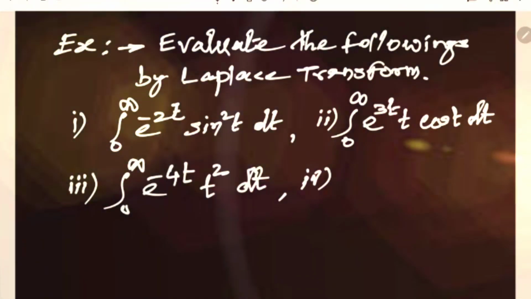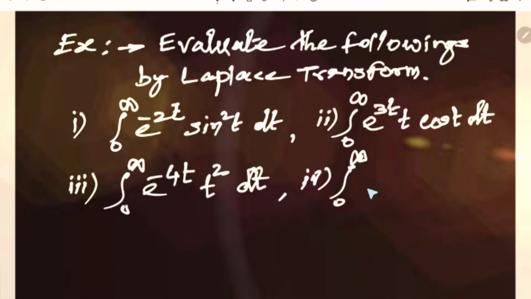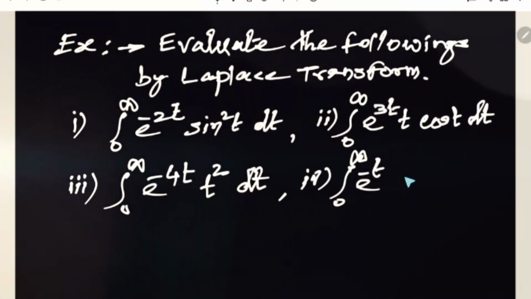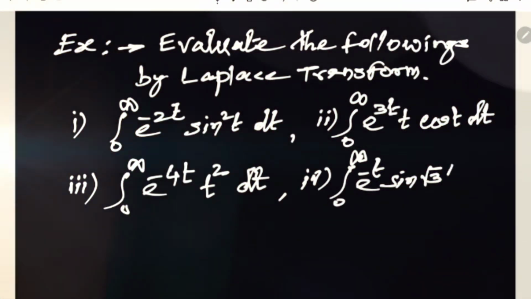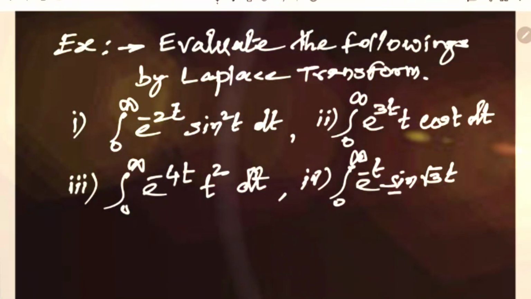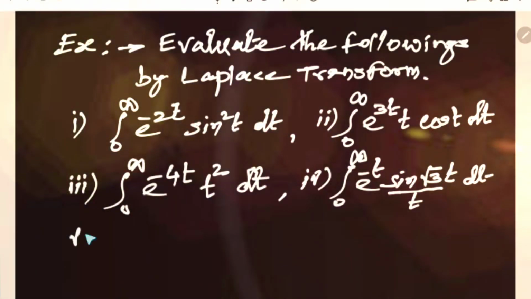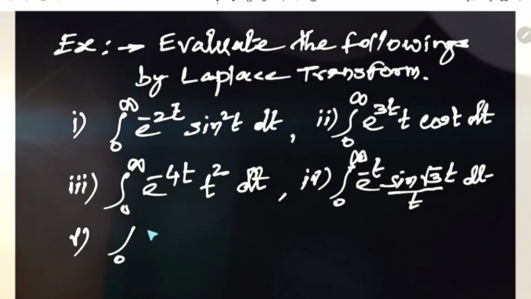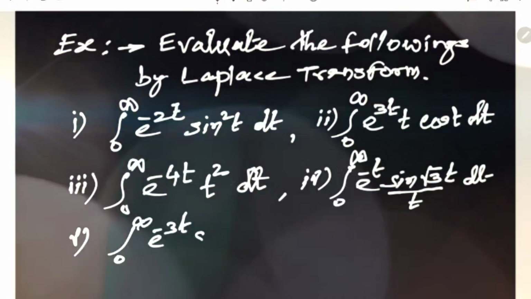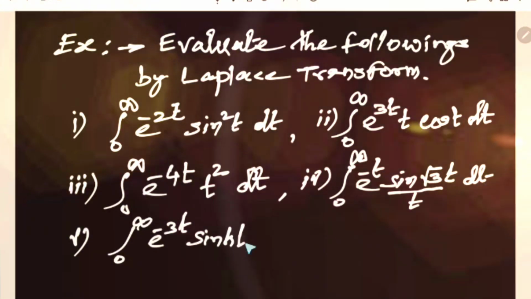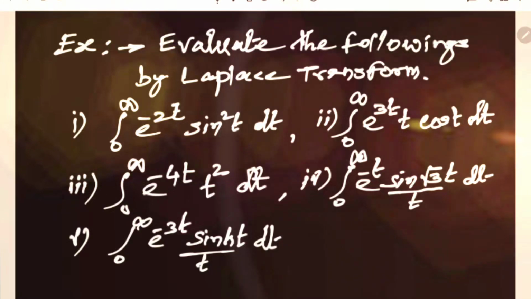Fourth, integration from 0 to infinity of e raised to minus t into sine square root of 3t divided by t with respect to t. Fifth, integration from 0 to infinity of e raised to minus 3t sine hyperbolic t by t dt.